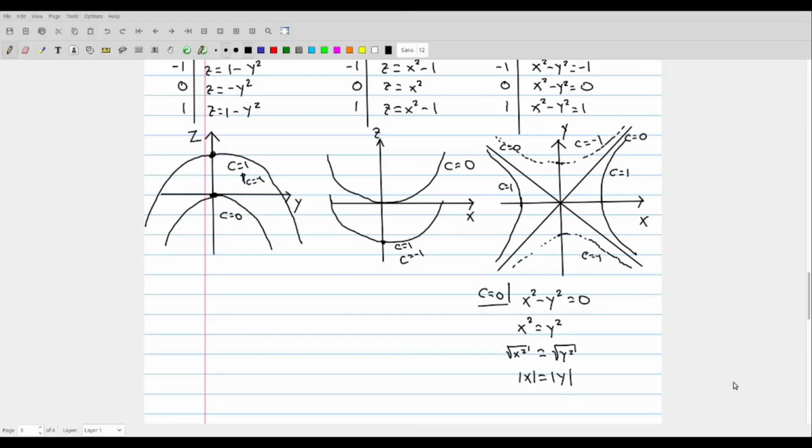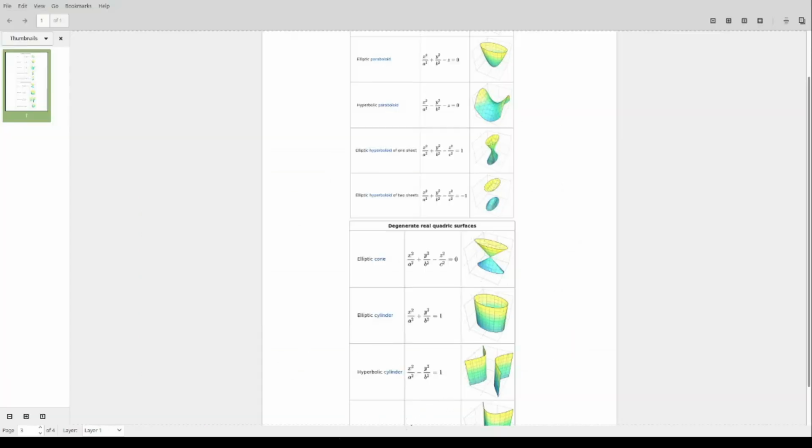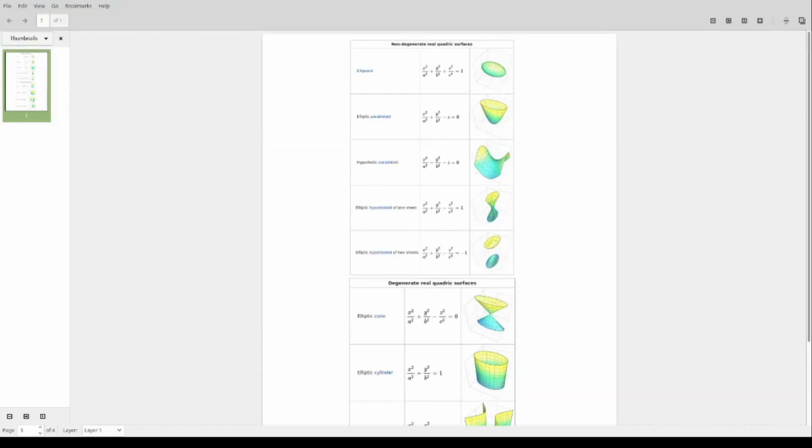So to visualize this for any other quadric form, because there are many other types of quadric forms, we have in our book, and also I'll post a sheet of all of the quadric forms and the surfaces they represent. So as you can see right here in this sheet, we open it up. We have a list of all of the various quadric forms and the surfaces that you get when you look at those quadric forms.